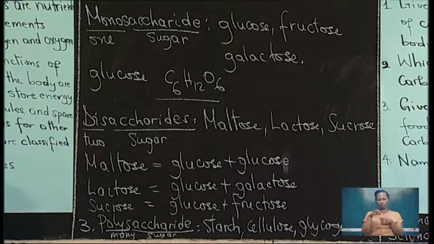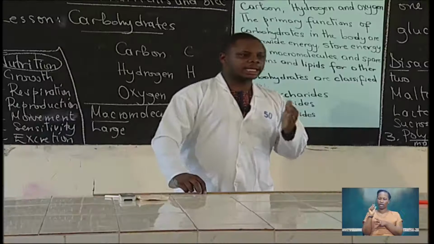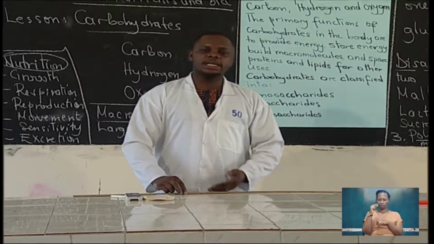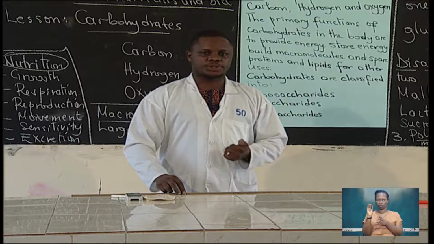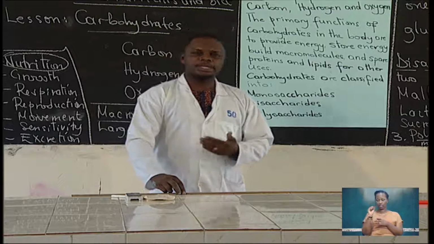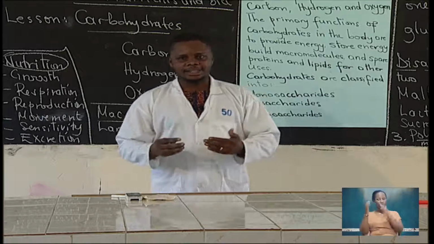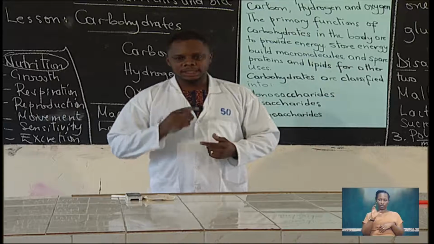That's why we say they are di, because they are formed from 2 simple sugars. We have seen examples like maltose, which is formed from 2 glucose molecules. We have seen the example of lactose, which is formed from glucose and galactose. We have seen sucrose, which is formed from glucose and fructose. Then we have seen polysaccharide sugars: starch, cellulose, and glycogen.